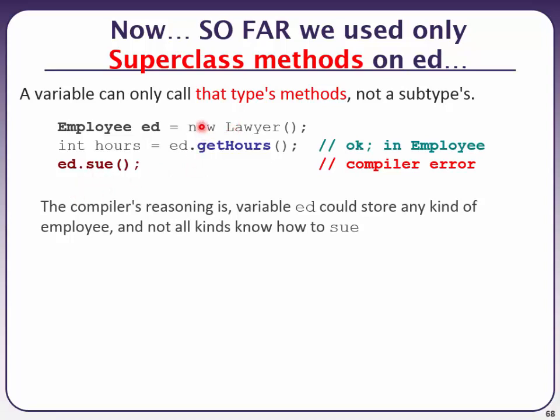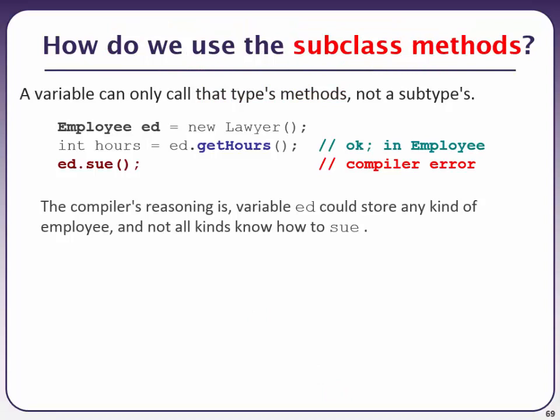The paradox is that head is defined as a reference to Employee, but we know that we actually put the reference to an object of class Lawyer inside of it. So it would make sense that we would be allowed to use those methods on the object that is referenced by head, but that's not going to happen because we have Employee right here, okay? So it's kind of an interesting scenario.